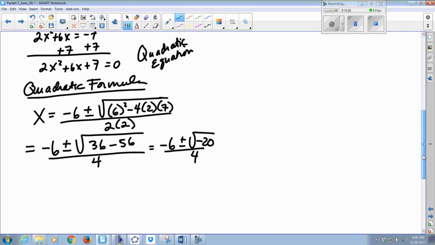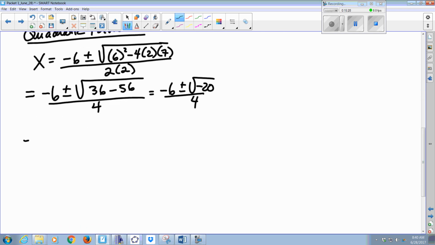Now, to simplify this, you know you need to say that the square root of -20 is the square root of -1 times the square root of 20 all over 4.